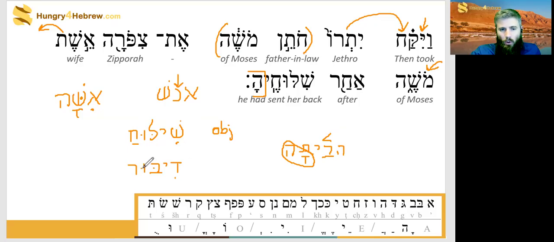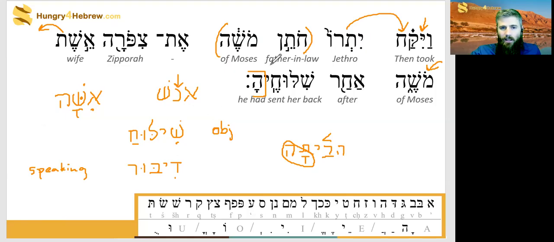This pattern is what's called a shem pe'ula in Hebrew. It is the noun of the action of a verb. So dibur, we could call that the act of speaking. Shiluach would be the act of sending away.